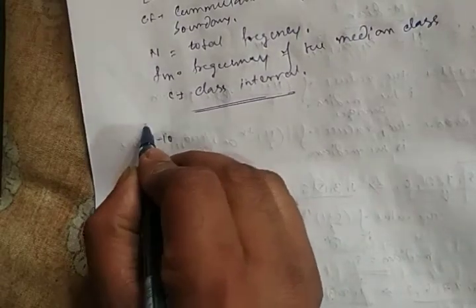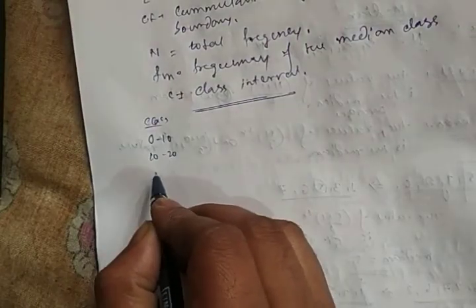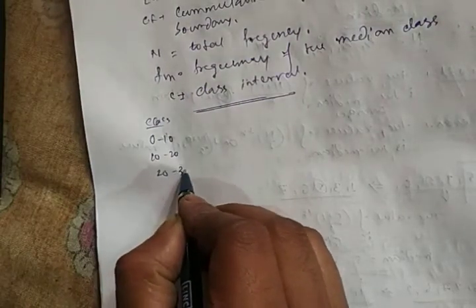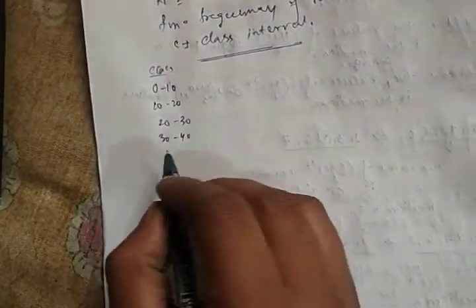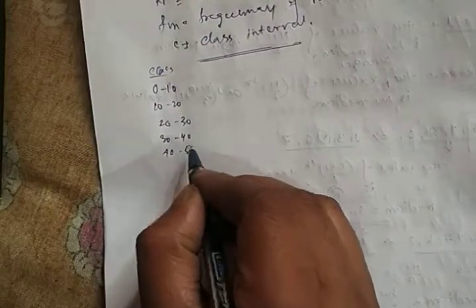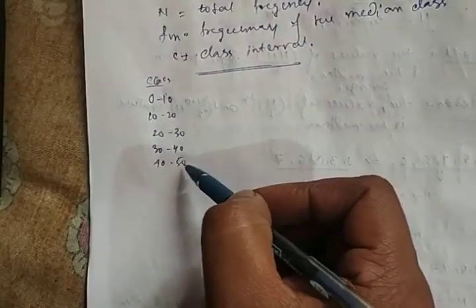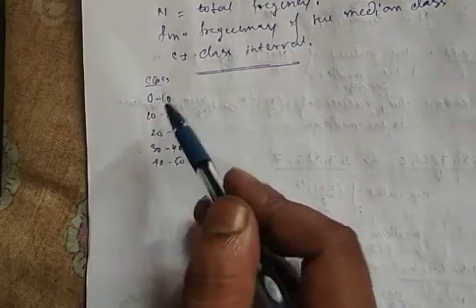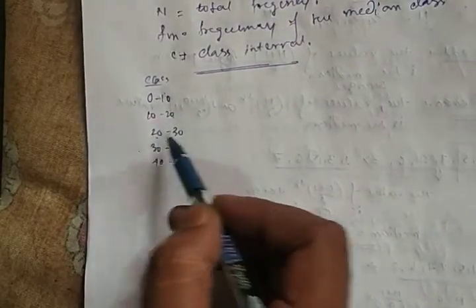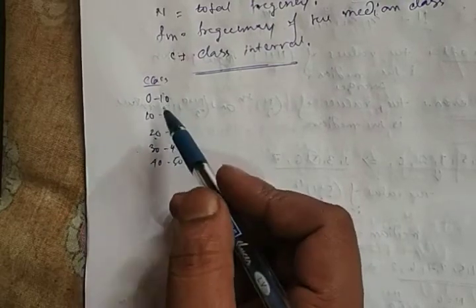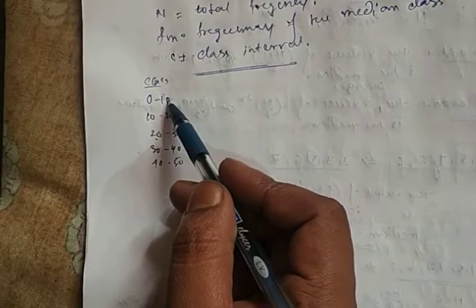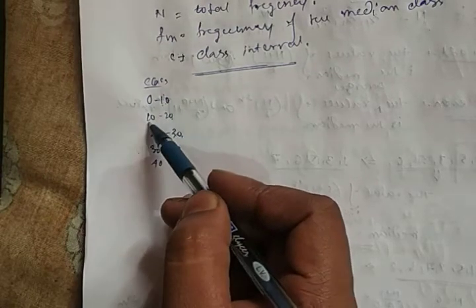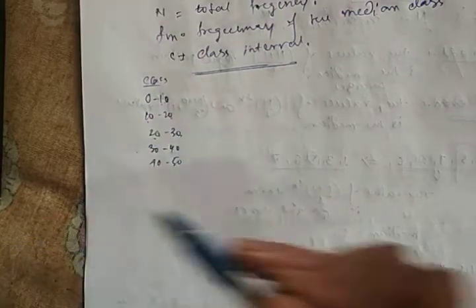The class intervals are 0 to 10, 10 to 20, 20 to 30, 30 to 40, 40 to 50. This is a continuous class interval, where the upper class boundary is equal to the lower class boundary of the next interval.